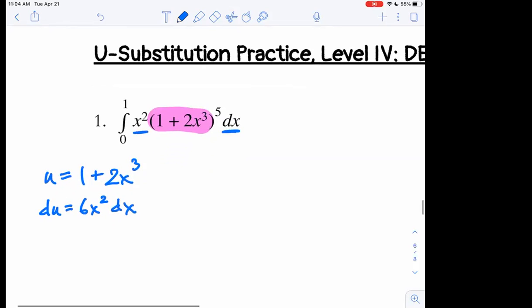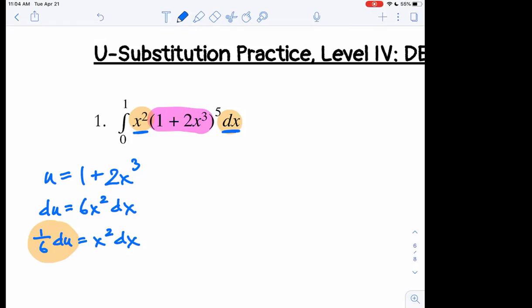So I'm going to go ahead and divide by that 6. So I get 1/6 du equals x squared dx. And so I have my u, I have my du, or 1/6 du. Okay, so I've taken care of all of the things that are being integrated.